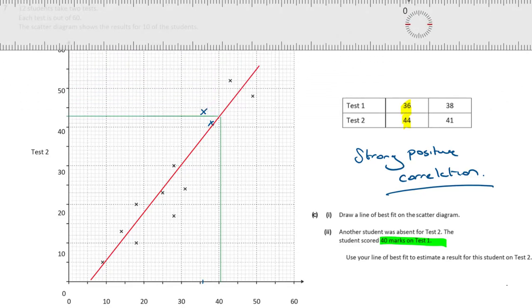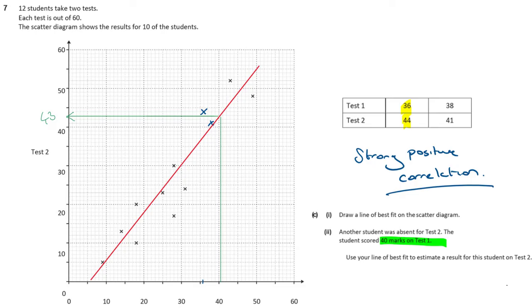You can see that comes out here on my graph, which is about 43. So that's what I'm going to estimate then. I'm going to estimate that as 43 marks.